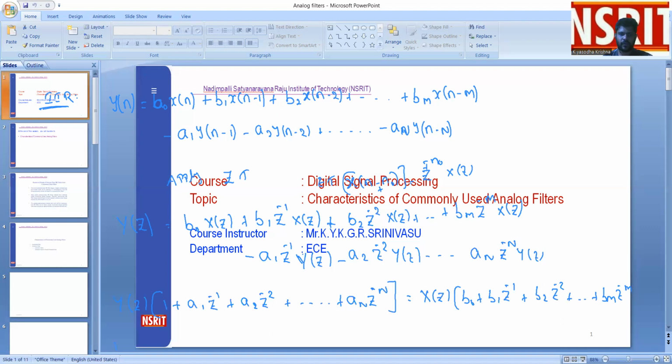To calculate the transfer function, I require y of Z by x of Z. So H of Z is equal to b naught plus b1 Z minus 1 plus b2 Z minus 2 and so on up to bm Z minus m, divided by 1 plus a1 Z minus 1 plus a2 Z minus 2, and so on up to an Z minus n.